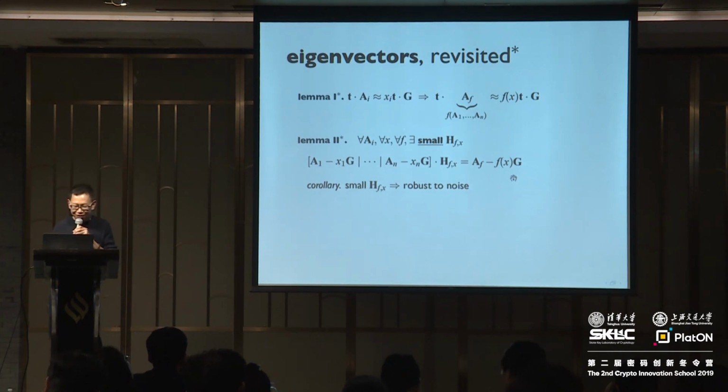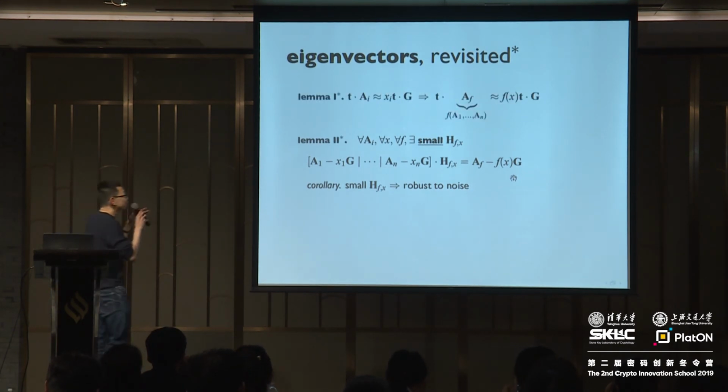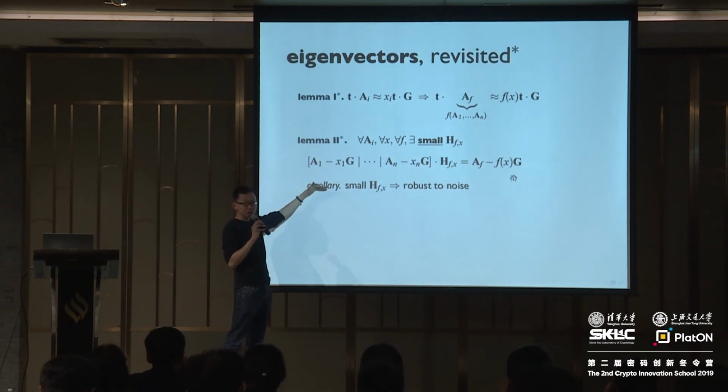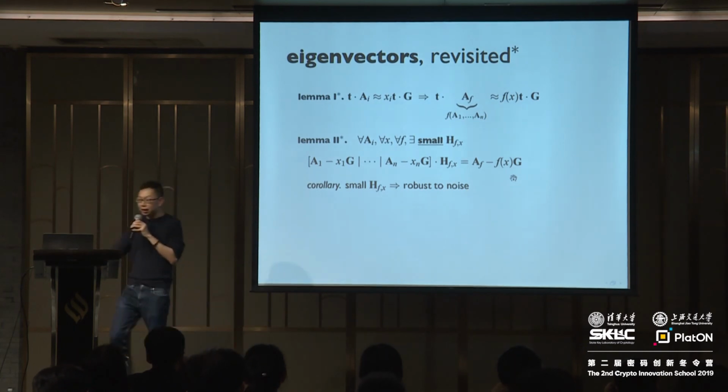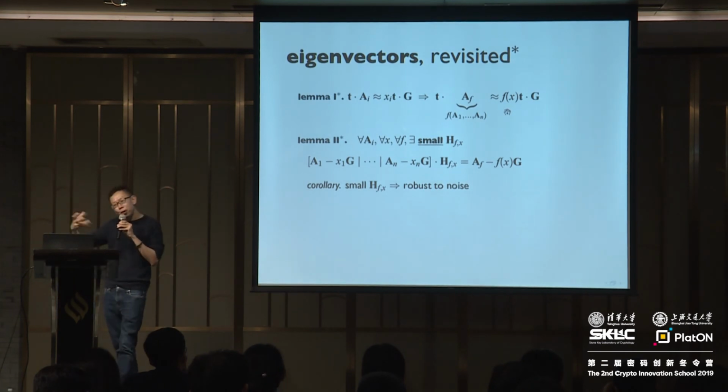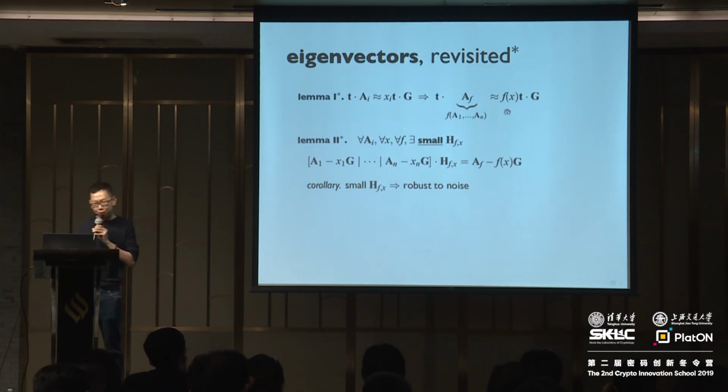Basically the proof is the same as before, except now if you multiply t on both sides, you no longer get that t times the left hand side is 0, but rather you get that t times this quantity is small, where the notion of small is exactly over here. Now, since small times small is small, you get that t times the right hand side is small, which gives you this equation on the right hand side. So it implies a version of lemma 1 that's robust to noise and works in the approximate setting.